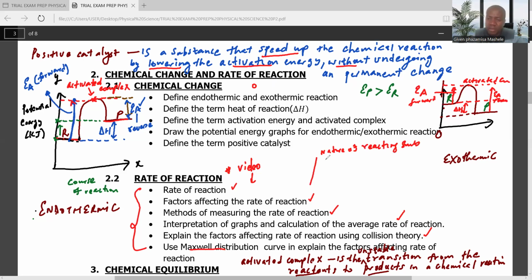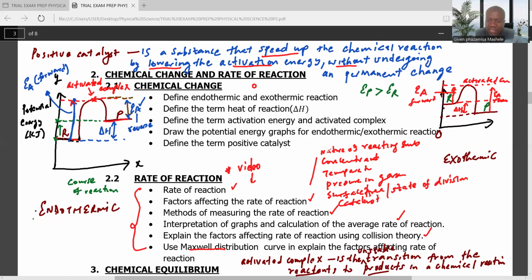Number 2, it is the concentrations of the reactants. 3 is the temperature. 4, it is the pressure in gases. 5, it is the surface area or the state of division. 6 is the catalyst. So these are the 6 factors that can affect the rate of reaction.